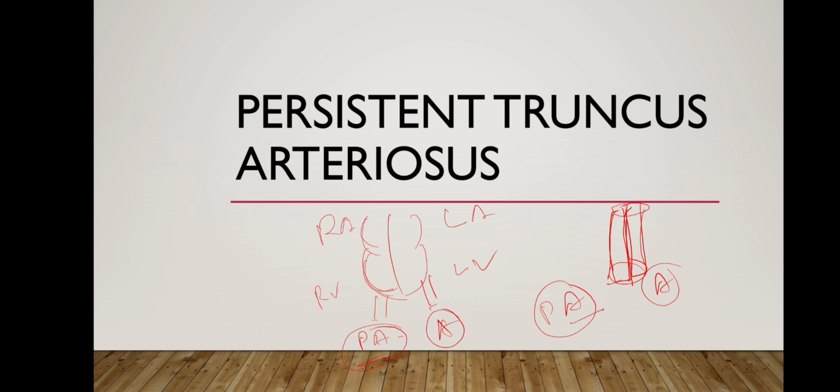But if during the embryological period this division fails to occur, then there is one single vessel, that is called persistent truncus arteriosus.